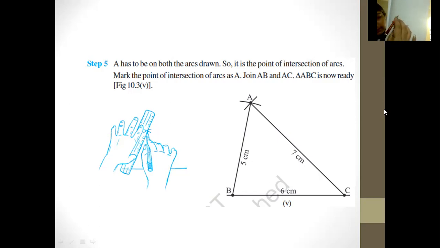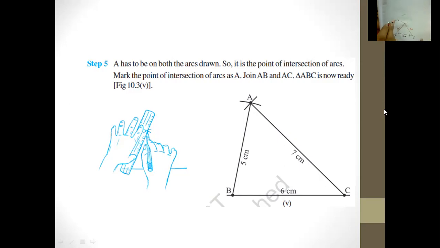If I open it to 7, it would be going towards this point here somewhere. Then you can join this arc. This would be cutting somewhere here. Like for 5, it would be here. It totally depends upon you how much length you want.